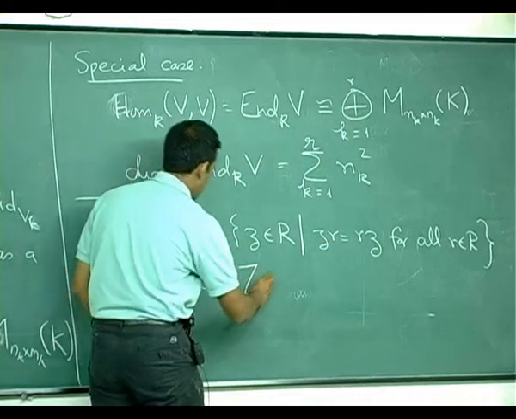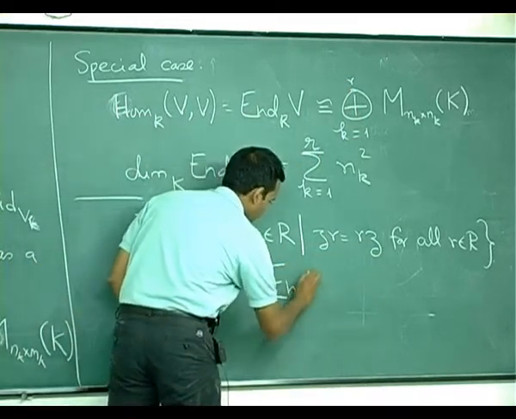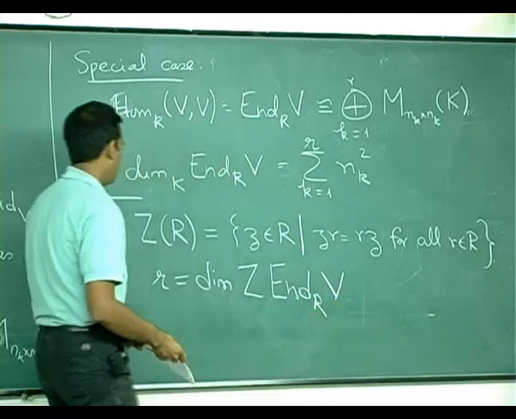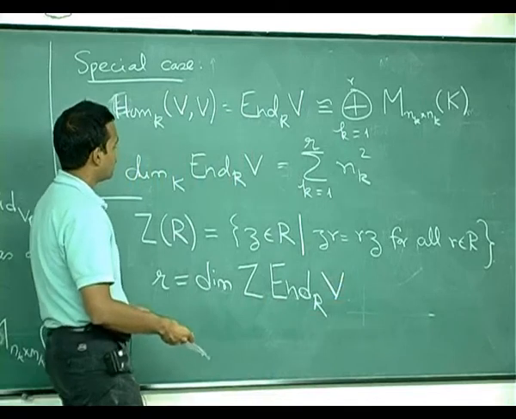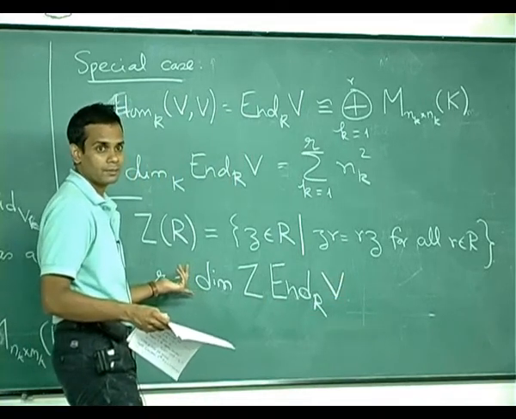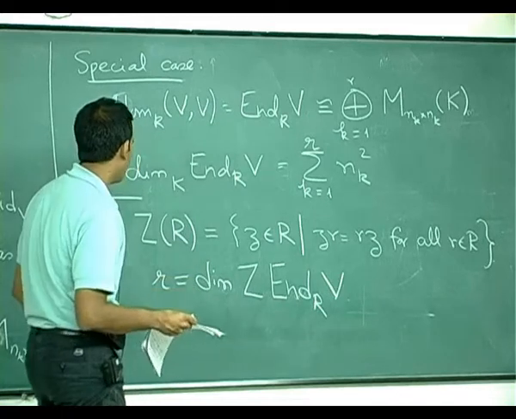So the dimension of the center of the endomorphism algebra is just the number of different simples, no matter what their multiplicities, that occur in the decomposition of V.